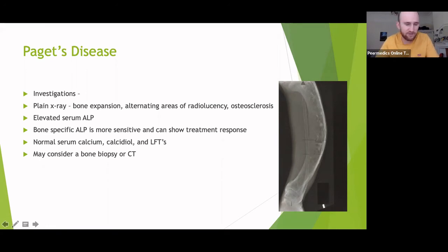Because of that osteoclast activity, you're going to have elevated serum ALP, and you can in fact get bone-specific ALP serum tests. But the rest of your bloods are going to be normal. LFTs are important there because ALP is also released by the liver. It's important to make sure that the bone is where this ALP is being produced. You can consider CTs to identify disease advancement.